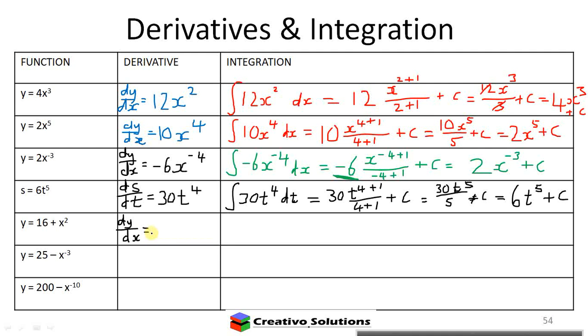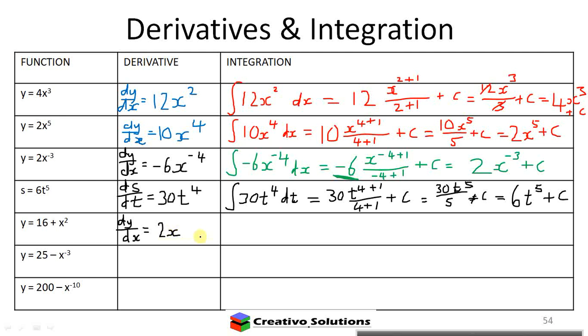Okay, so y equals 16 plus x squared. So it will be 16 is the constant, isn't it? Yeah, so that falls away. So it will just be 2x.